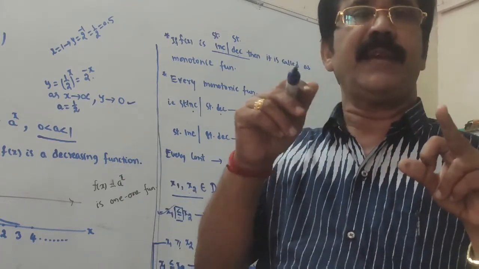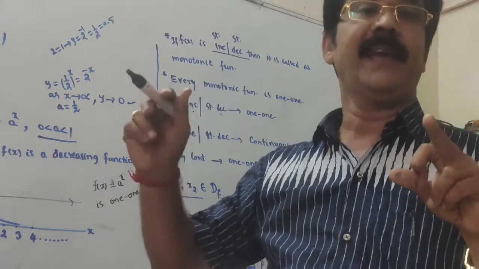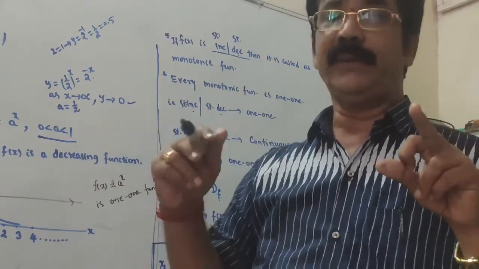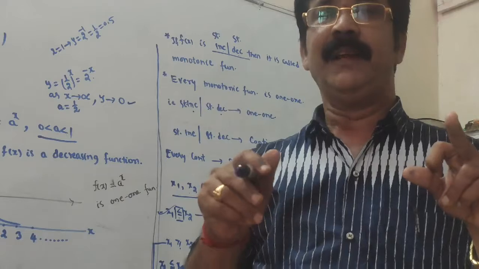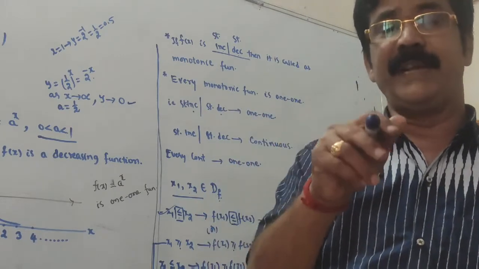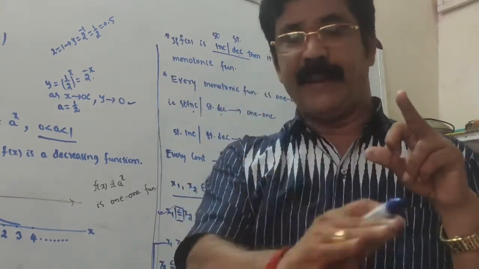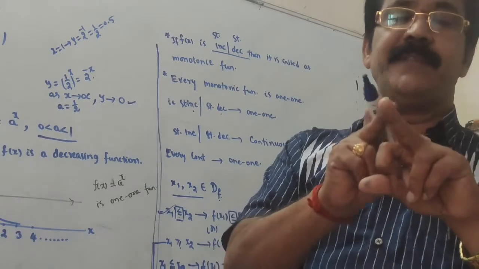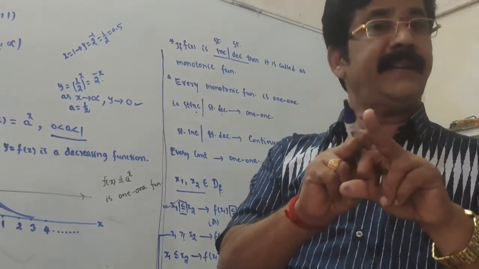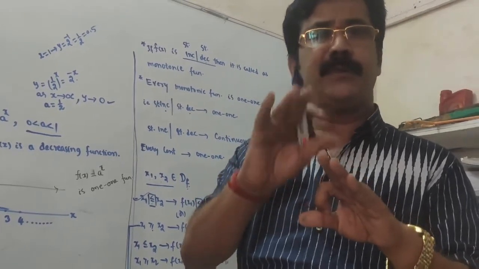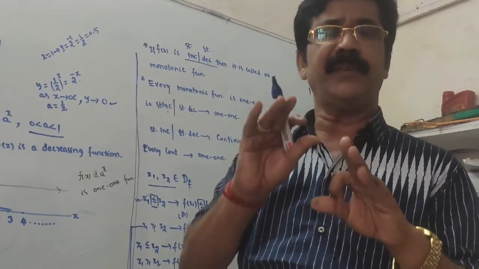If the limit as x tends to a of f of x equals f of a, then it is called a continuous function at x equal to a. This is the definition in calculus. We are going to study it in calculus. Next, if f is continuous, then it is a one-one function. So by all means, if f is a monotonic function, then it is a one-one function.